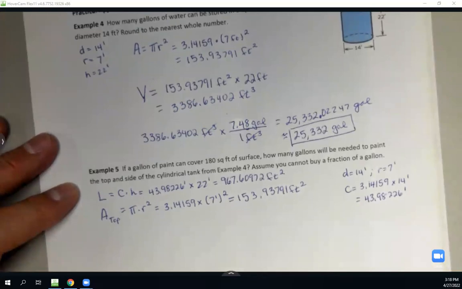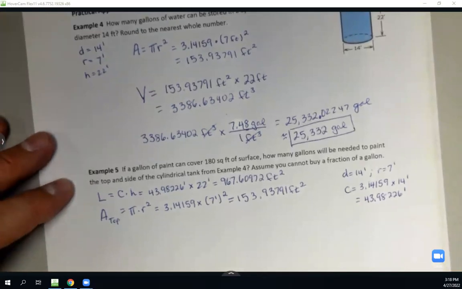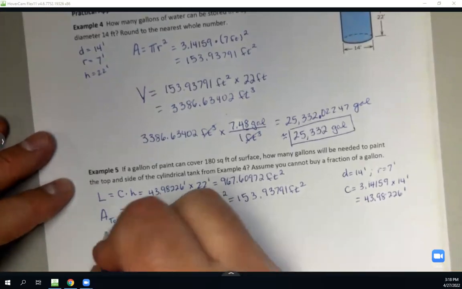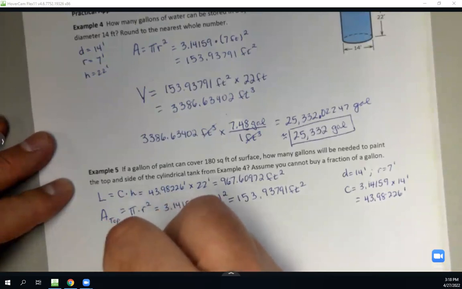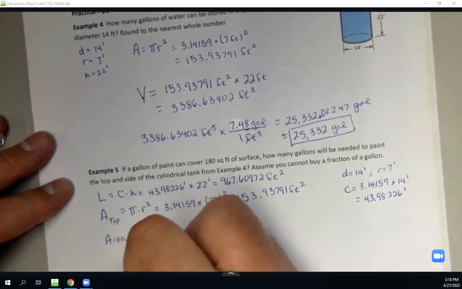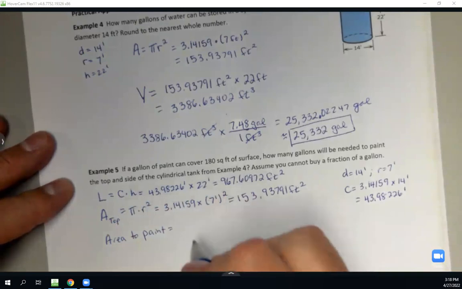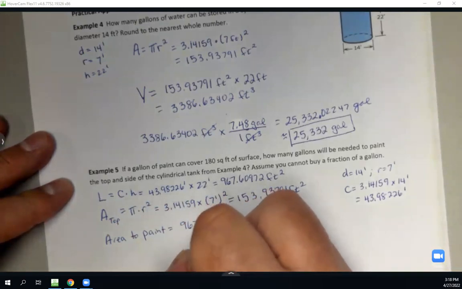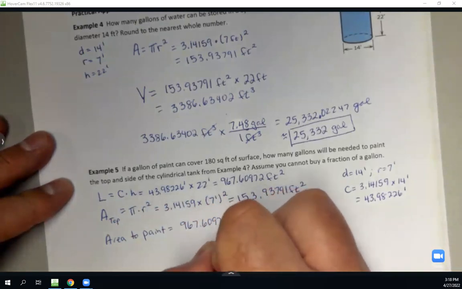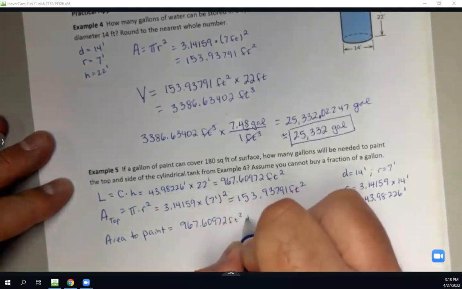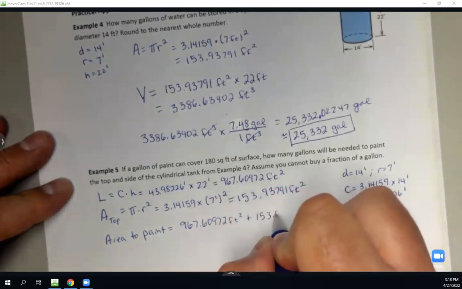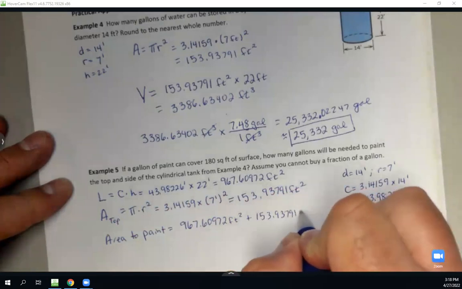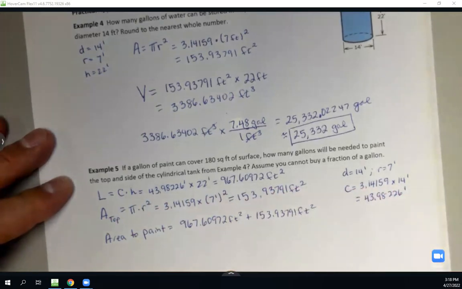Is that okay? So the area to be painted is going to equal the 967.60972 square feet plus the 153.93791 square feet.